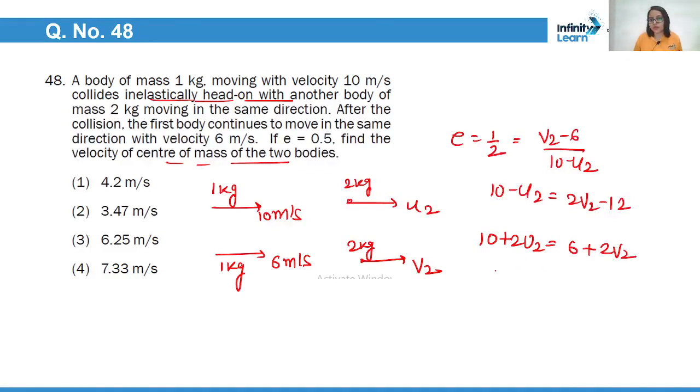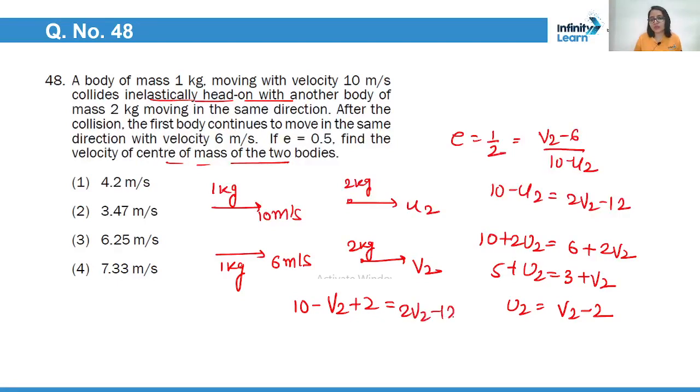So over here, you can write 5 plus U2 is equal to 3 plus V2. Right, so U2 will be V2 minus 2. Put it here. So this will be 10 minus V2 plus 2 is equal to 2V2 minus 12. So we have 24 is equal to 3V2. So V2 will be 8 meter per second.